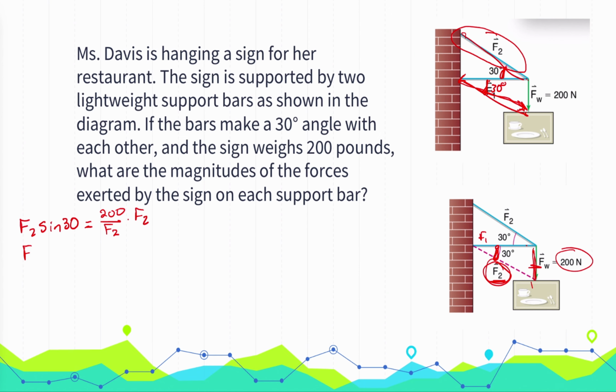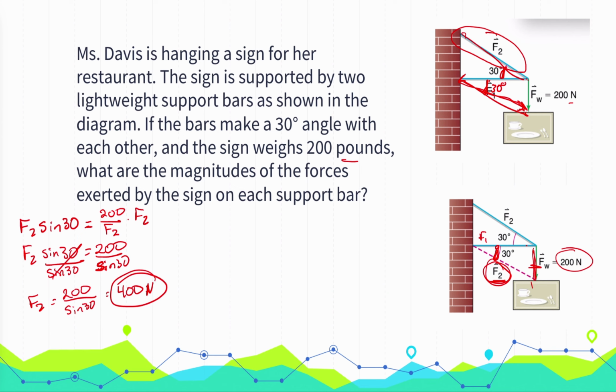So we get F2 sine 30 equals 200. And we divide by sine 30. That gets us that F2 is equal to 200 over sine 30, which is 400 newtons or pounds. This says pounds, this says newtons. Whatever. Units aren't important.